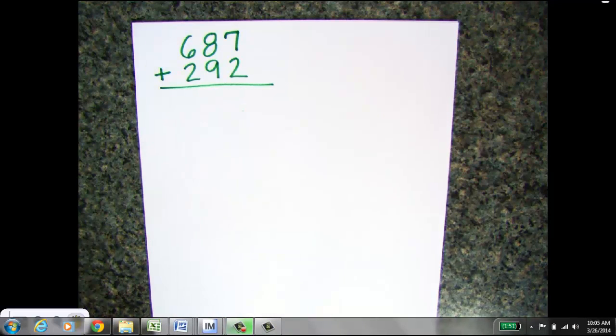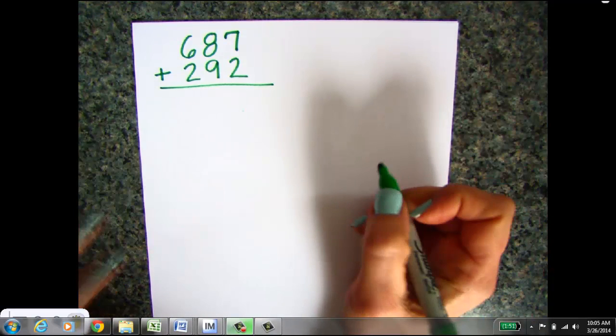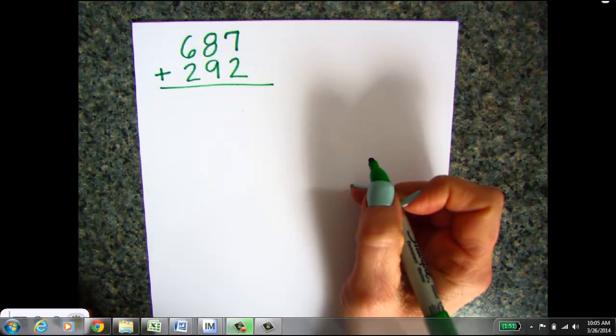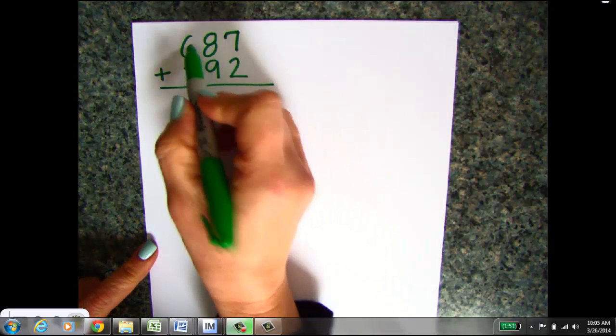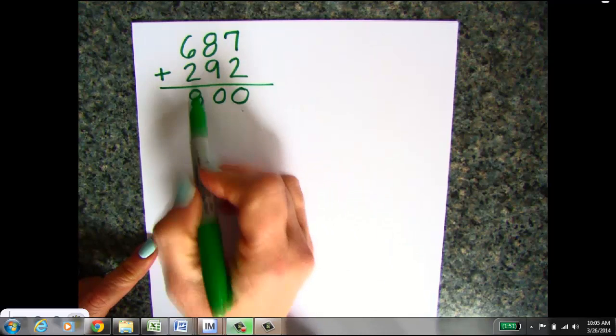One of the concerns voiced by our teachers when we had professional development was that students have difficulty lining up the partial sums. One of the things you can do is start with adding the hundreds. So 600 plus 200 is 800. This helps your student keep everything in line.